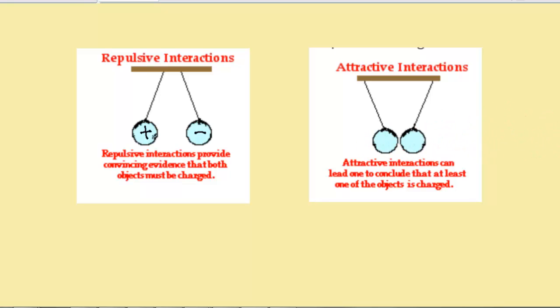Now, what else could happen? What if this was positive? Well, if they're attractive, then this could be negative or it could be neutral. Because a neutral object will have an induced charge and be attracted to a charged object. So you have to be careful with what you think you know about charge when objects are attracted.